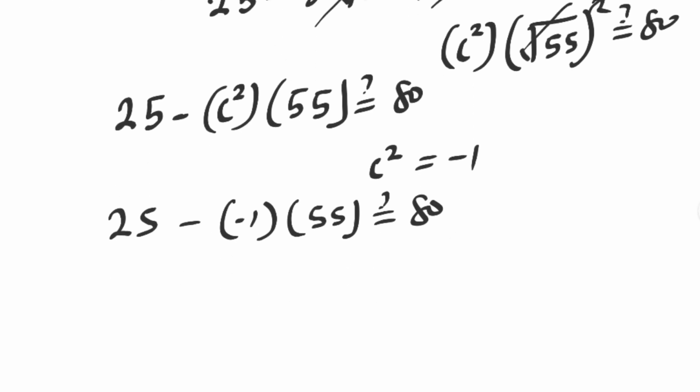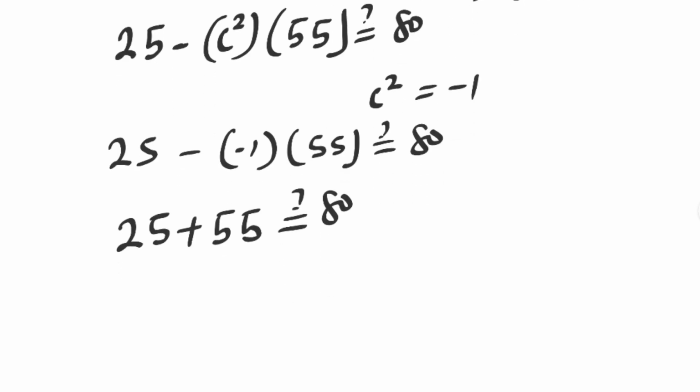Minus times minus 1, that is plus 1. Multiplied by 55, that is plus 55. We have 25 plus 55 must be equal to 80. 25 plus 55, this is 80, is equal to 80, which is true.